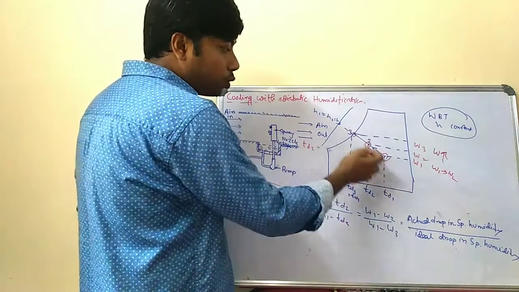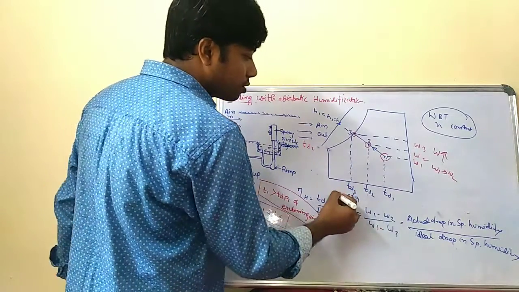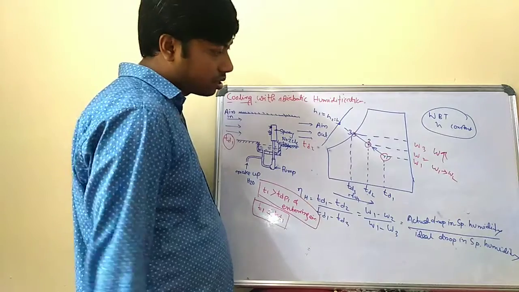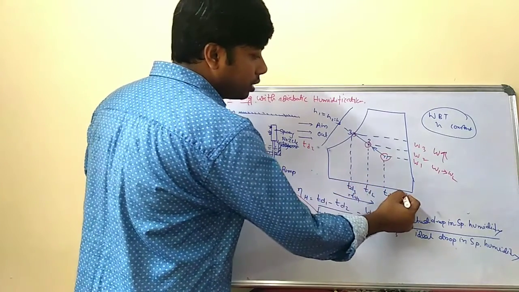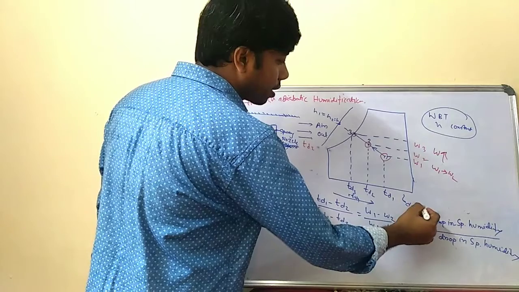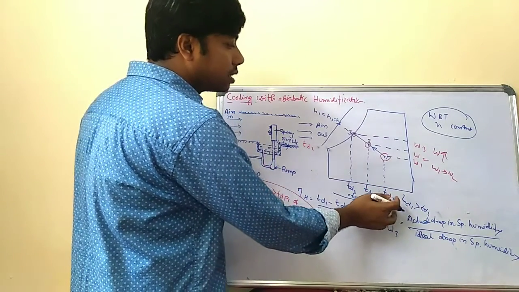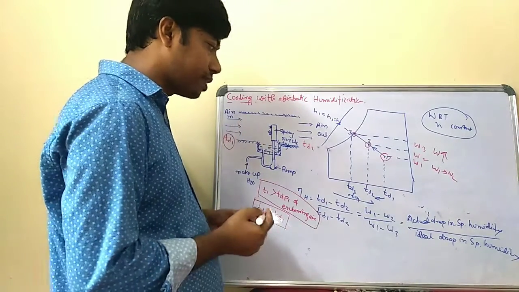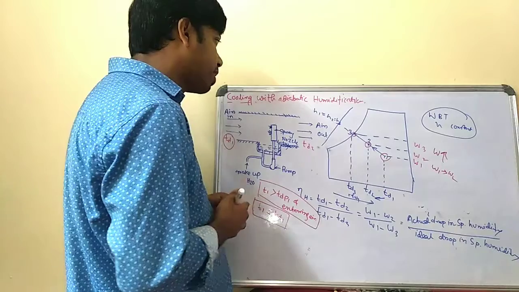Again, from 1 to 2, TD1 is greater than TD2, as you can see along these directions in the psychrometric chart. The process direction indicates that the temperature goes from TD1 to TD2, which indicates that a cooling process takes place. Okay. So this is the cooling and adiabatic humidification process.